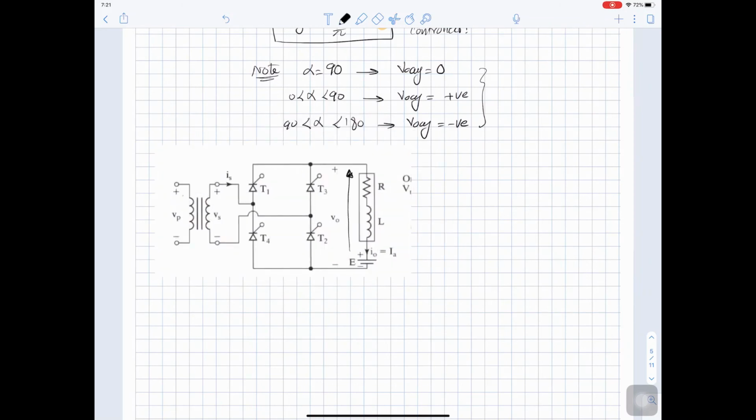This V out can be something like this, which has a positive part higher than the negative, or it can be something like this, with the negative part more than the positive. So this is for alpha between 0 and 90, and here is for alpha between 90 and 180. So here V average will be positive, and here V average will be negative.